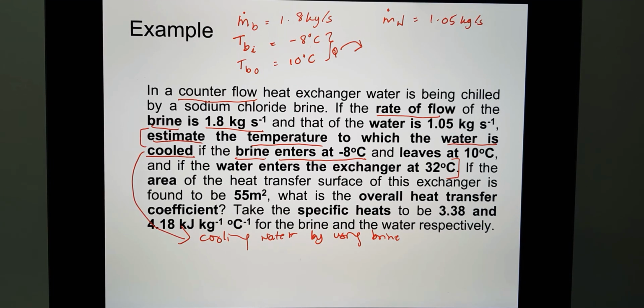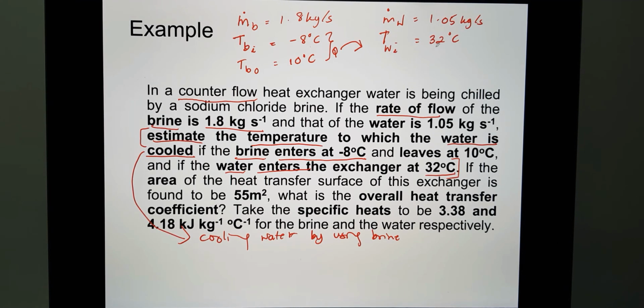The water enters the heat exchanger at 32 degrees Celsius, so T water in, TWI, is 32 degrees Celsius. You need to know how to list out the information that has been given to you. Although the problem statement is quite tricky to understand which part is which, when you list it out, it becomes clearer.